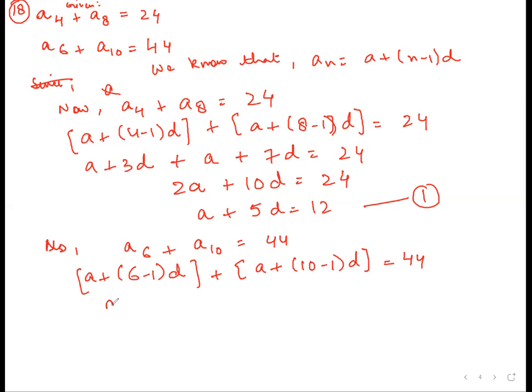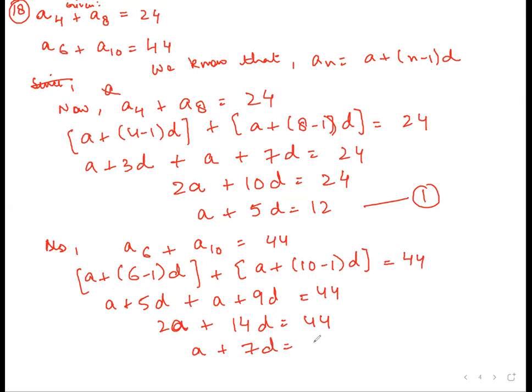Yeah, just simplify it. So a plus 5d plus a plus 9d is equal to 44. So again, 2a plus 5 plus 9, that means 14d is equal to 44. Again, I can take 2 common. So a plus 7d is equal to 22. So this is my equation number 2.